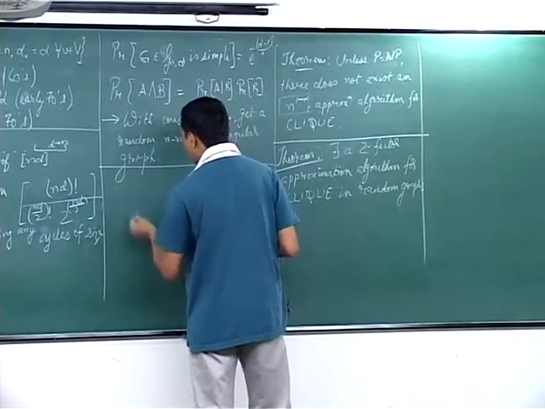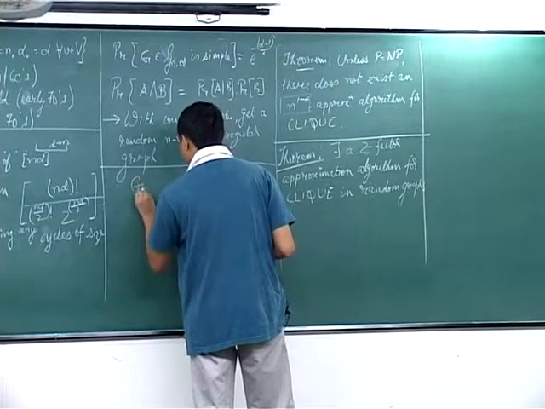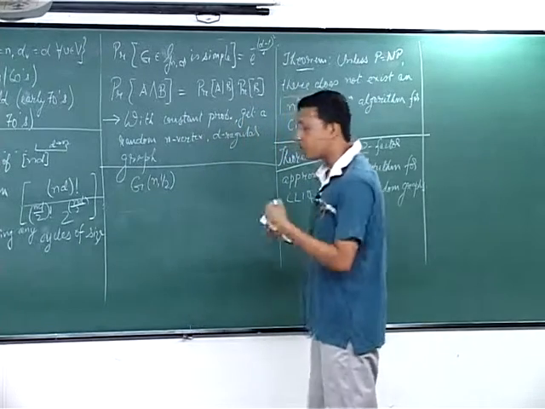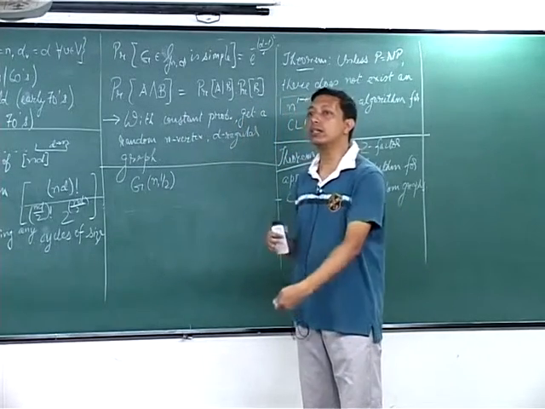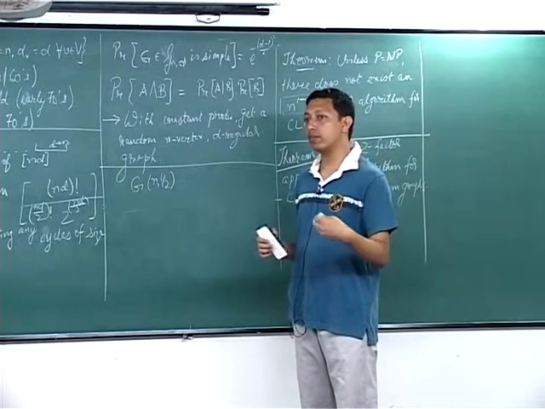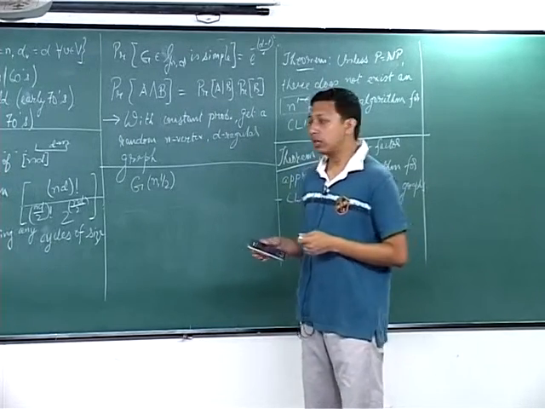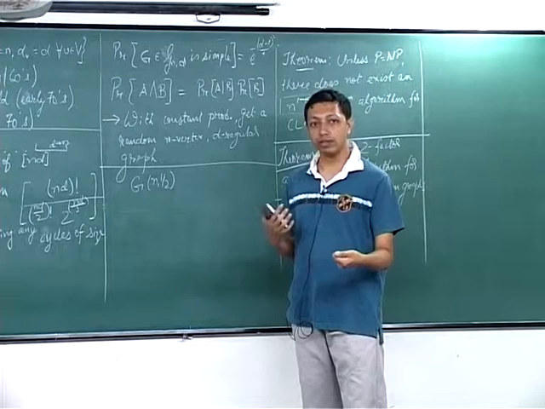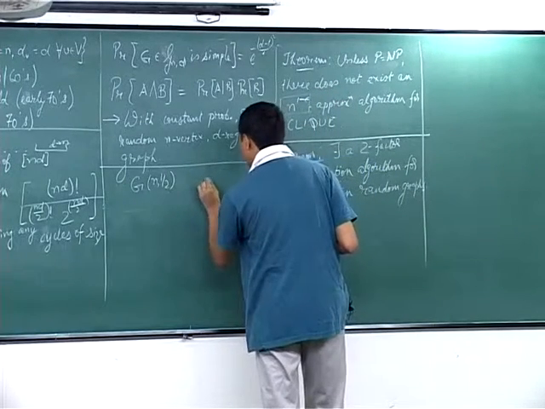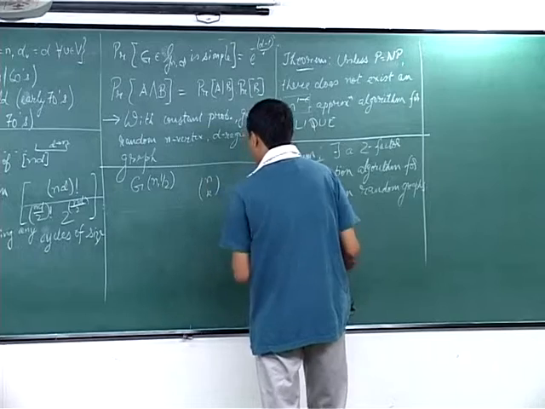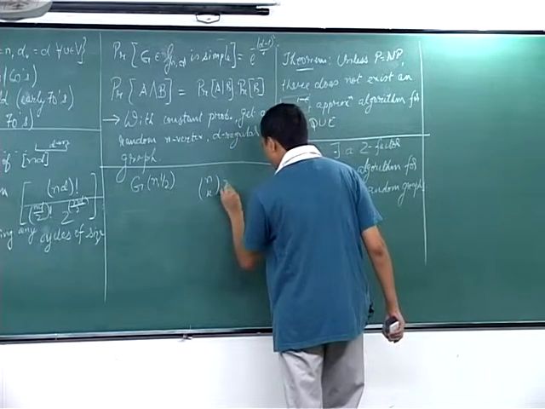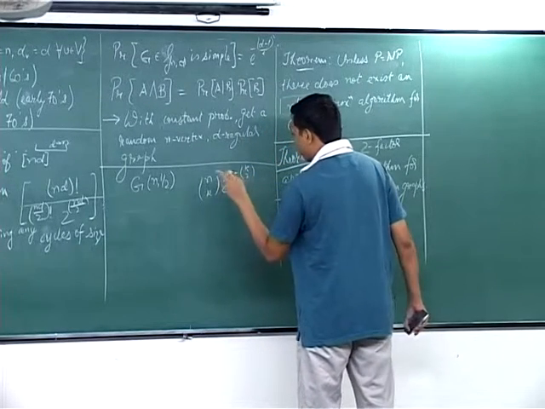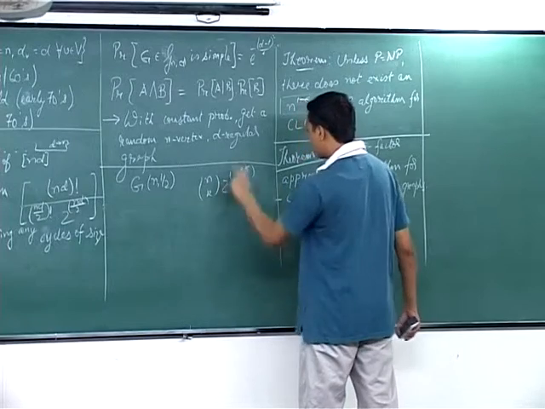You had a G(n, 1/2), and what was the probability that it did not have any clique or independent set of size k for some k? The way we did it was we took the expected number of such independent sets, n choose k. I described it in terms of union bound, but I can also say that this is really the expected number of cliques or independent sets of size k.